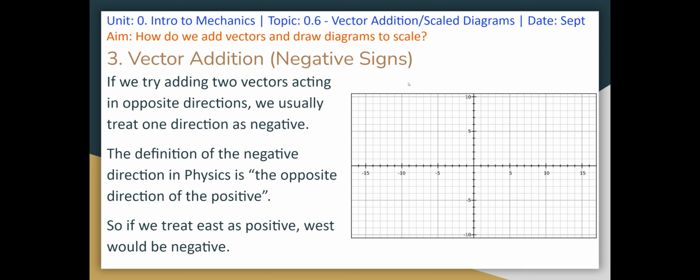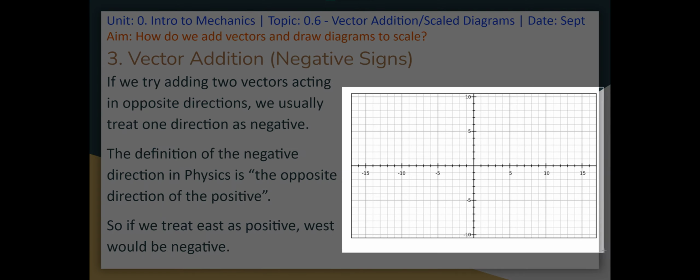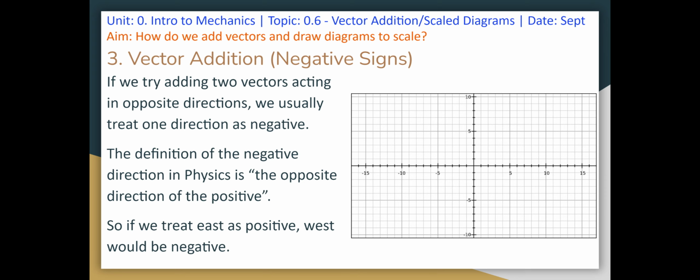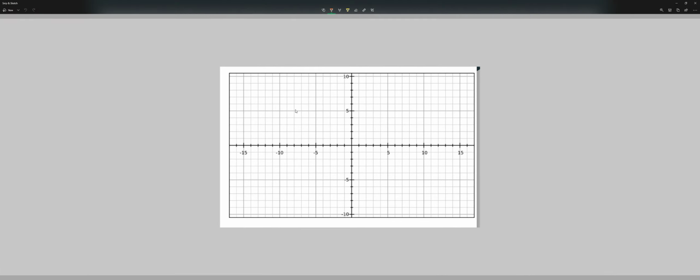All right, moving on. Now, I'm sure you've seen this in math before. You've seen a graph like this, right? Now, with this graph, we have to indicate our direction. So in physics, direction is very important. Direction is so important that we assign direction to be negative, right?